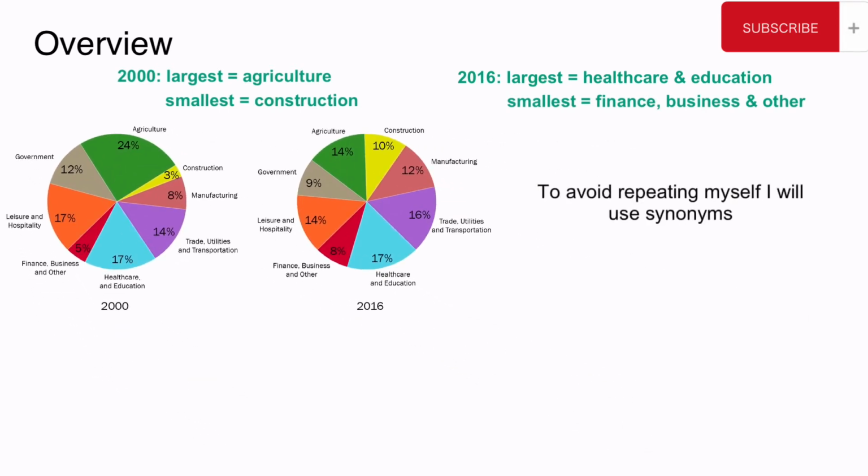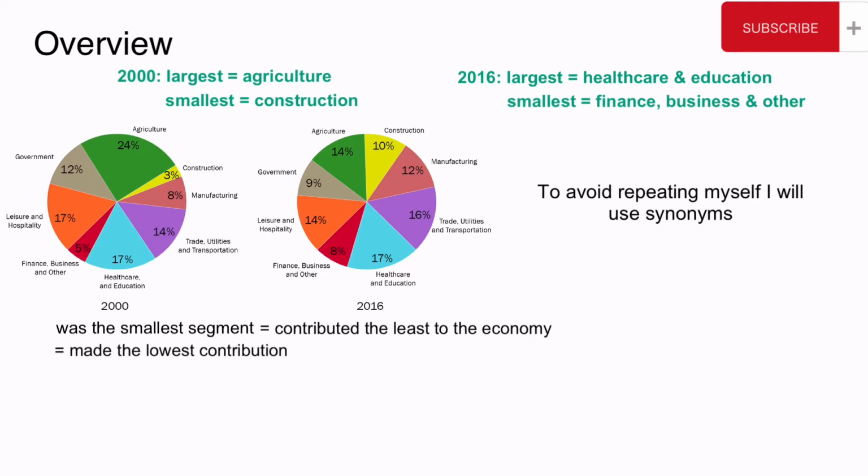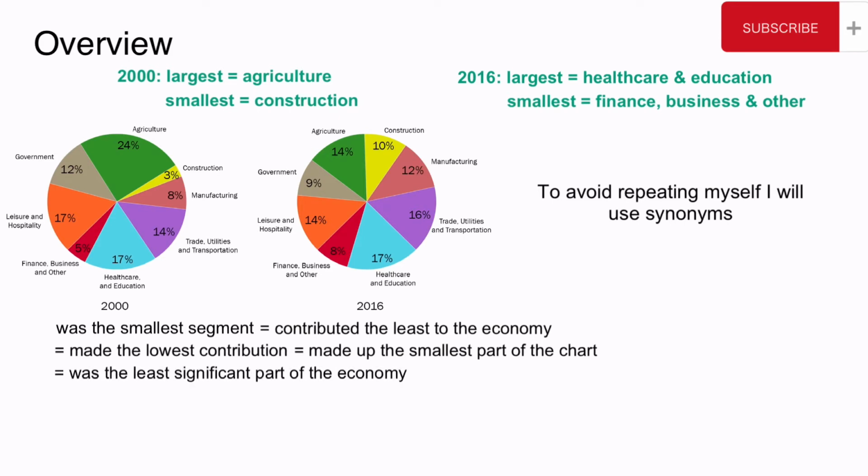To avoid repeating myself, I will use synonyms. The phrase "was the smallest segment" can be replaced with "contributed the least to the economy", "made the lowest contribution", "made up the smallest part of the chart", and "was the least significant part of the economy". And the same for the largest slice.